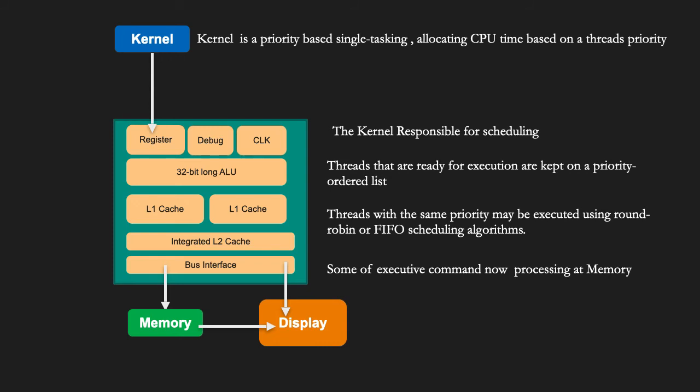Some of the already finished instructions will be cached into level 1, and the ARM processor has a level 2 cache wherein the in-process instructions will go to the bus interface for display on the screen, or go first to the memory for another process before going to the display.